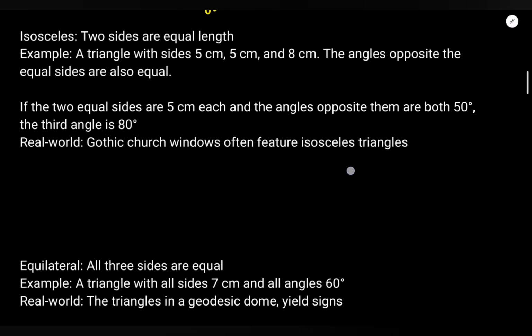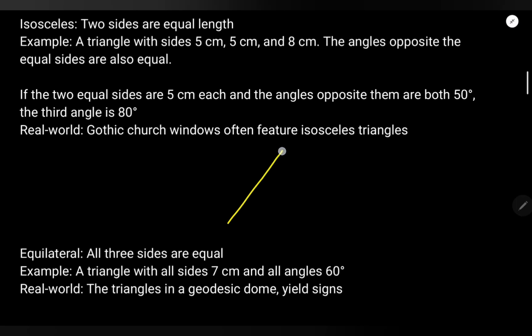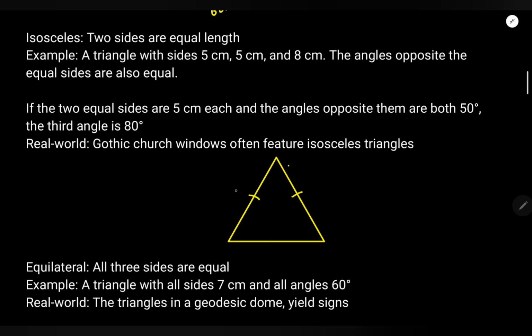Okay, after this we have this kind of triangle when two sides are equal, this and this are equal, though it is not looking equal. Suppose this is 5 centimeters, this is 5 centimeters.